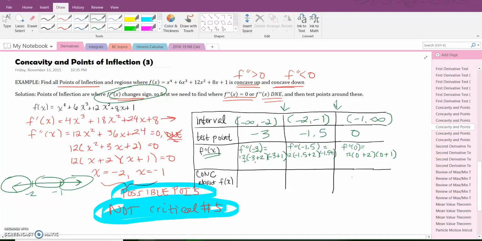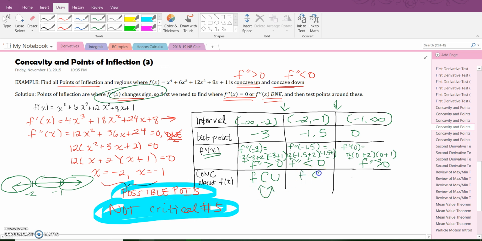So a positive times a negative times a negative will be positive. A positive times a positive times a negative will be negative. Then a positive times a positive times a positive is positive. Okay, second derivative is positive, means f is concave up.